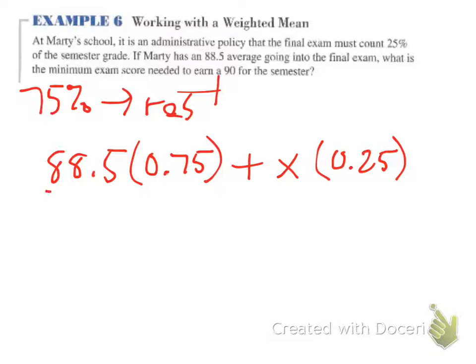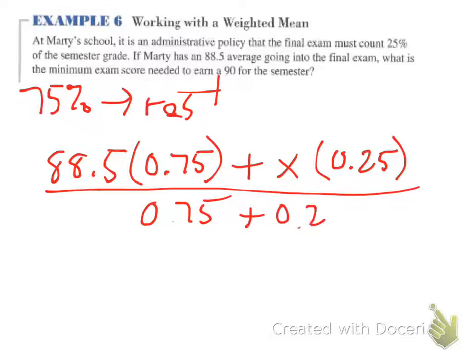Okay, now on the bottom, we have to divide by the sum of the weights, which equals 1. Now, that equals 89.5.